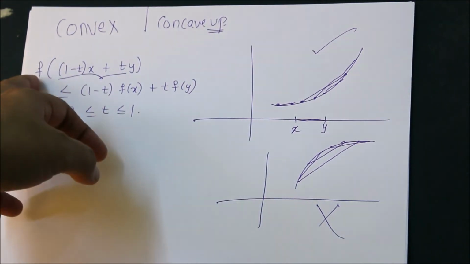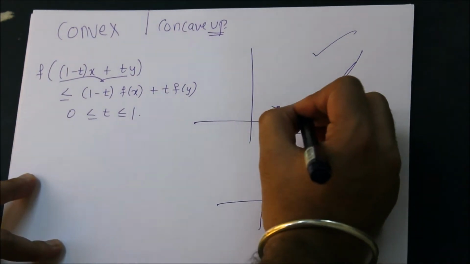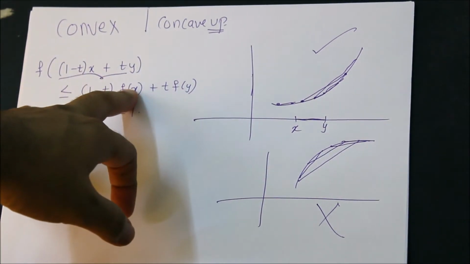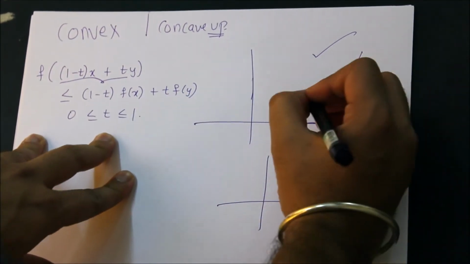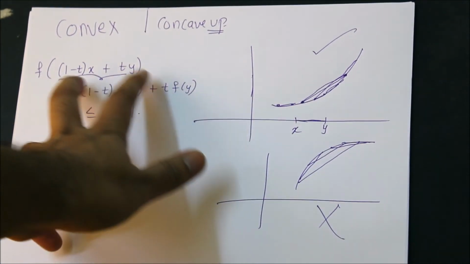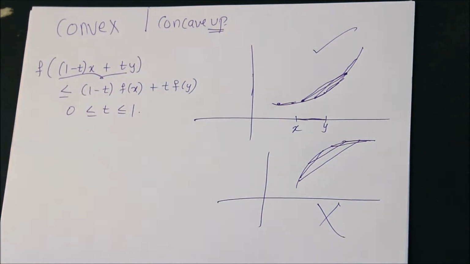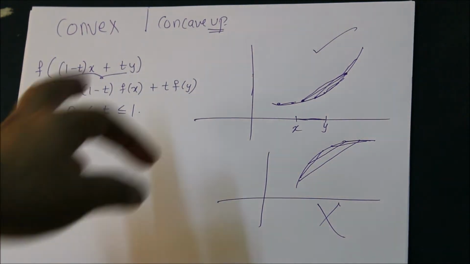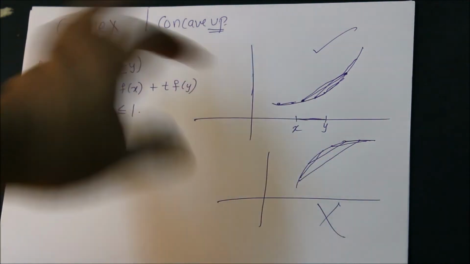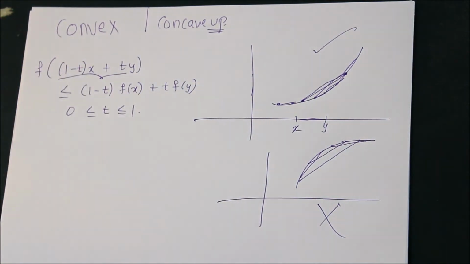Now I am taking the functional value, which is the value at the graph points, while this is the parameterization of the segment, which is above the graph. Since the segment is above the graph, this value is greater than or equal to this value. So if you know parameterization, you can relate them in a nicer way. But even if you don't know, I hope you now know what a convex function is and how it is represented mathematically.